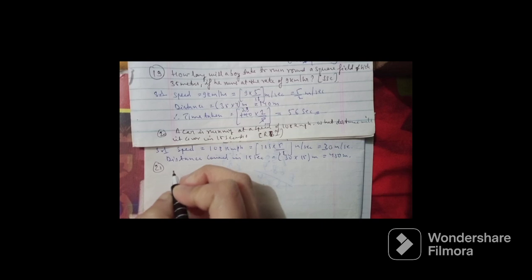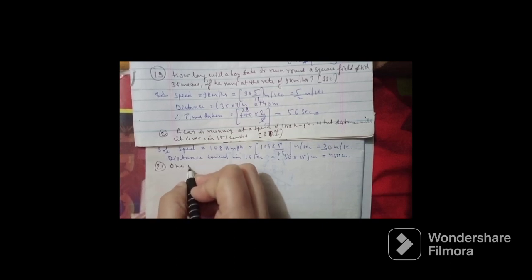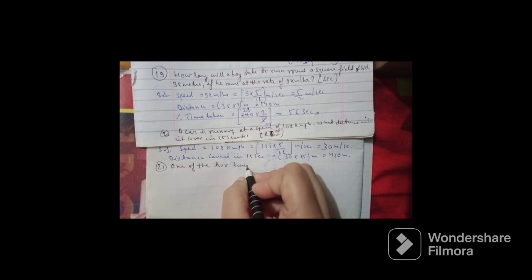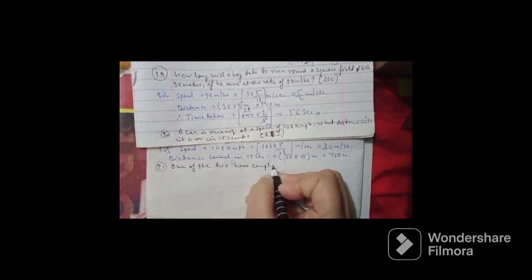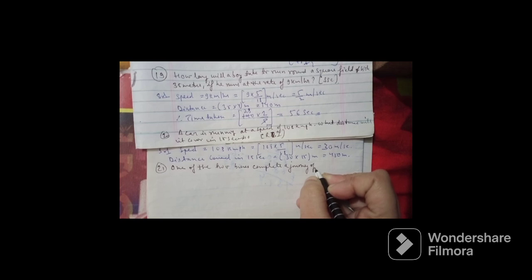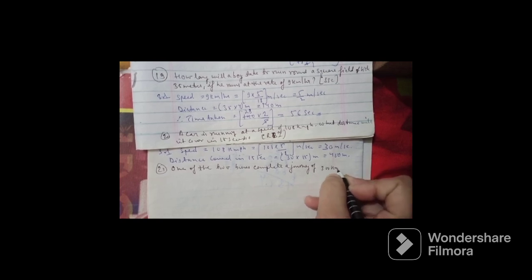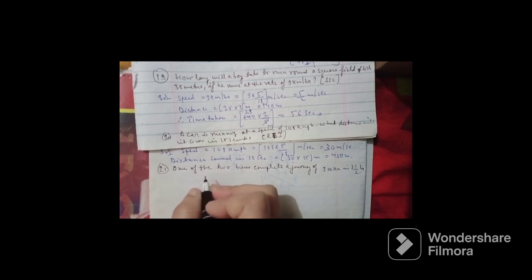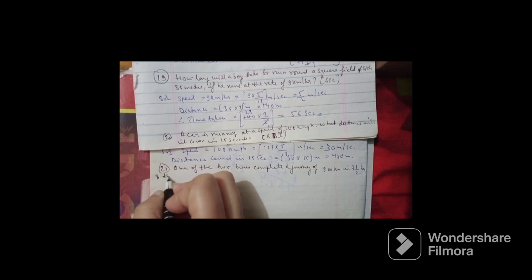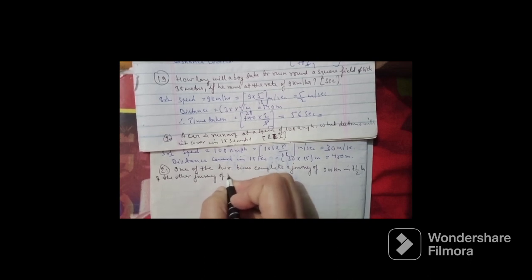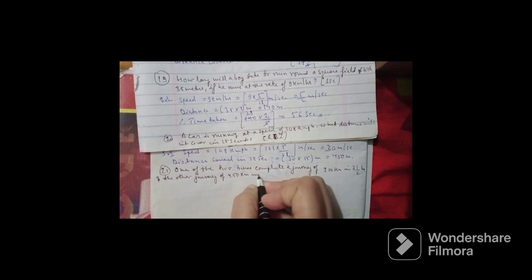Here we go, 21st one. One of the two buses completes a journey of 300 km in 7.1/2 hours, and the other journey of 450 km in 9 hours.